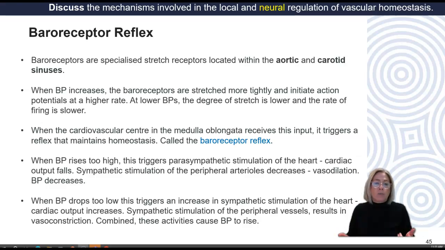Conversely, when your blood pressure drops too low, this triggers an increase in sympathetic stimulation of the heart. So you're going to get heart rate and stroke volume increasing, and cardiac output increases. There's also sympathetic stimulation of the peripheral vessels, and that results in vasoconstriction to increase blood pressure. Combined, all of these activities cause blood pressure to rise and come back to homeostatic levels.